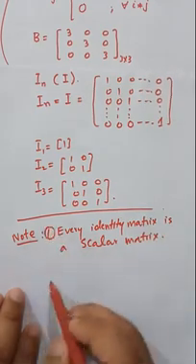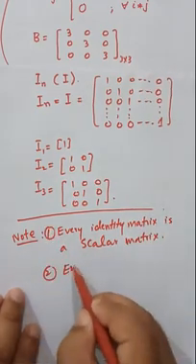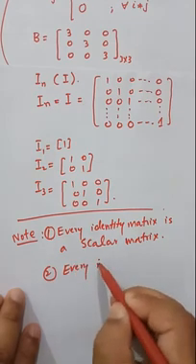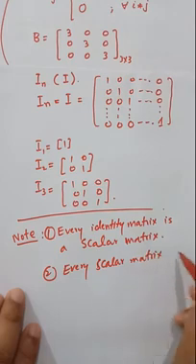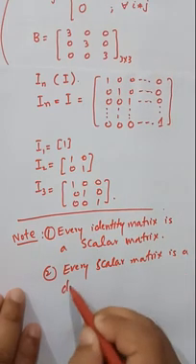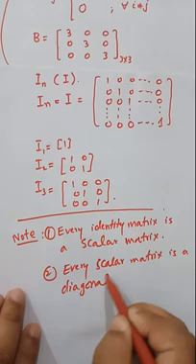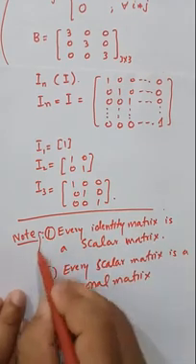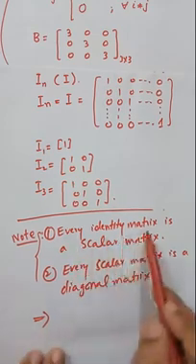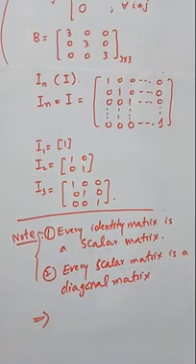This is one point, and every scalar matrix is a diagonal matrix. So from 1 and 2 we can say that every identity matrix is a diagonal matrix as well.